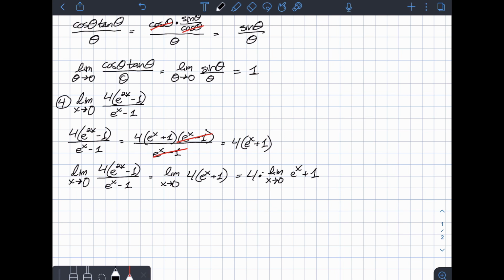If we do direct substitution there, e to the 0 is 1, so it's 2, and 4 times 2 is equal to 8.